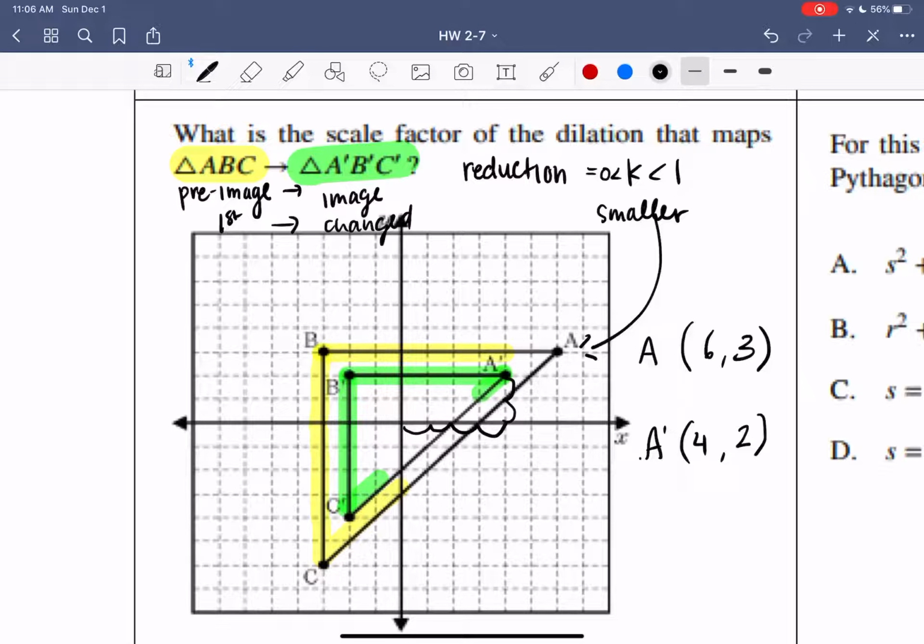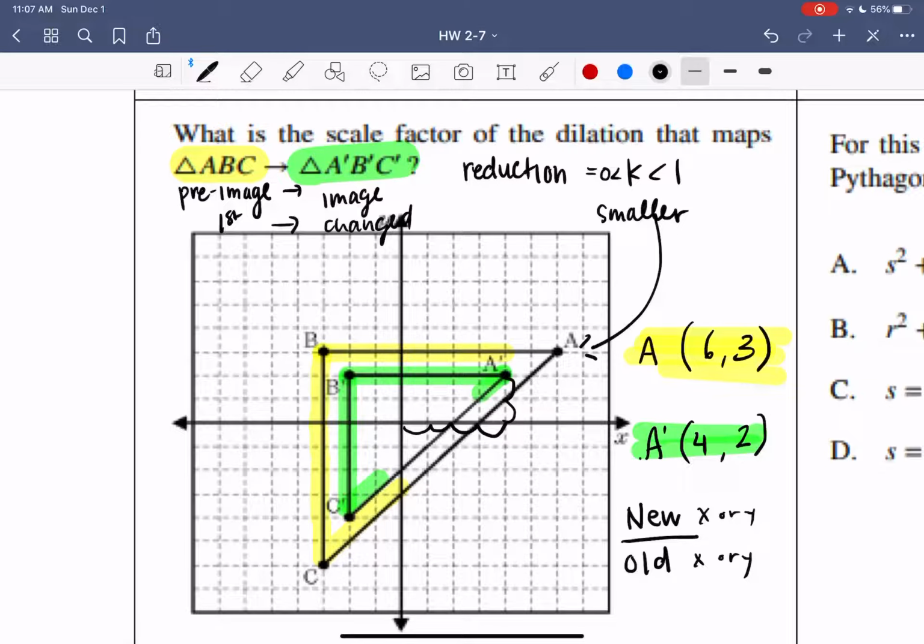So in order to find our scale factor of dilation, we're going to have to take new over old and set up our proportion. So remember, new X or Y over old X or Y, and then that will set up our proportion. So our new one is this, and this is our old.